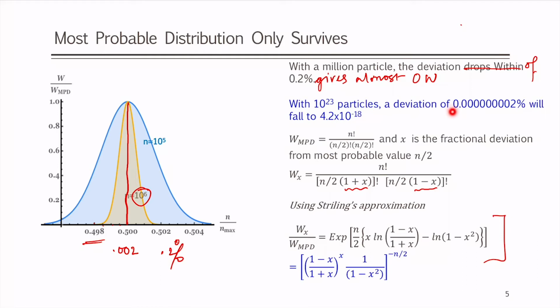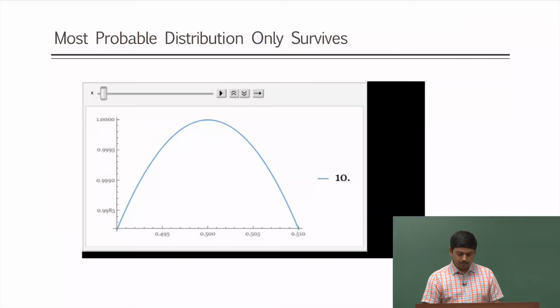So, I have used Stirling's approximation which I discussed last time, that ln n factorial is n ln n minus n, and arrived at this formula where this deviation is represented by these two equations. It is not so important, but just to tell you that you can get the number above using a formula like this. If you put it in, you can get the desired number.